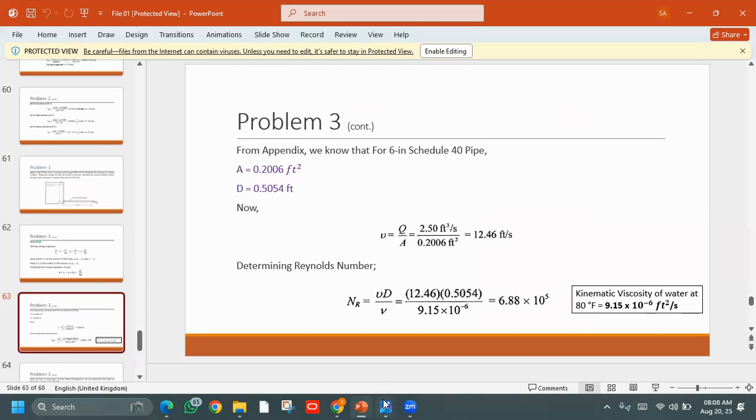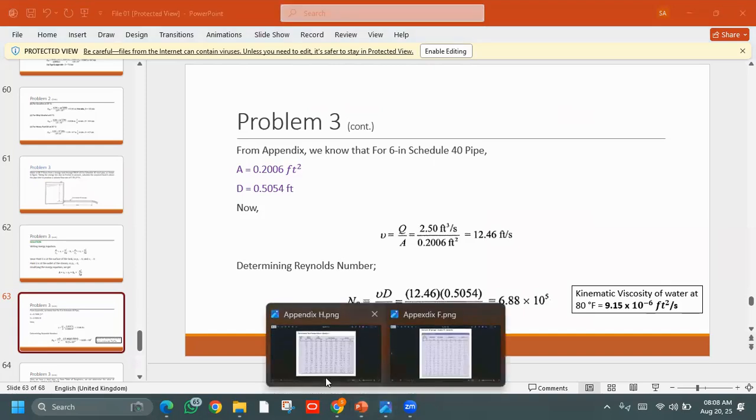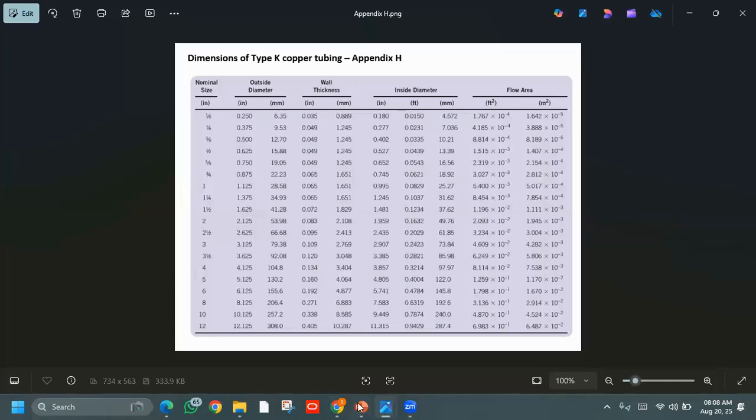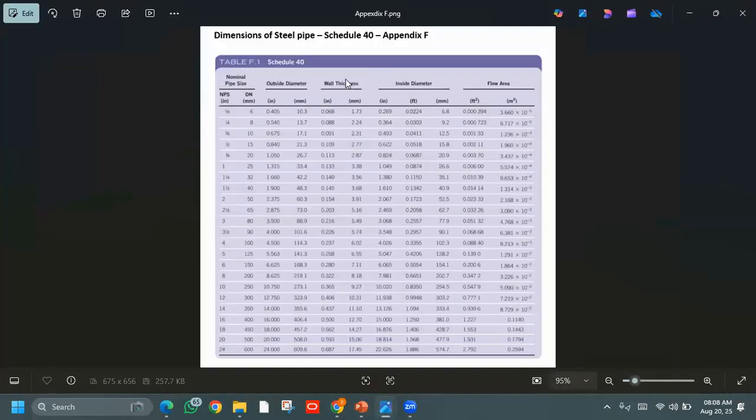You can see from the table, sorry, appendix F, which is for schedule 40, our nominal diameter of the pipe was 6 inches and its inner diameter is 6.065 inches, and the inner area of that pipe equals 0.2006.